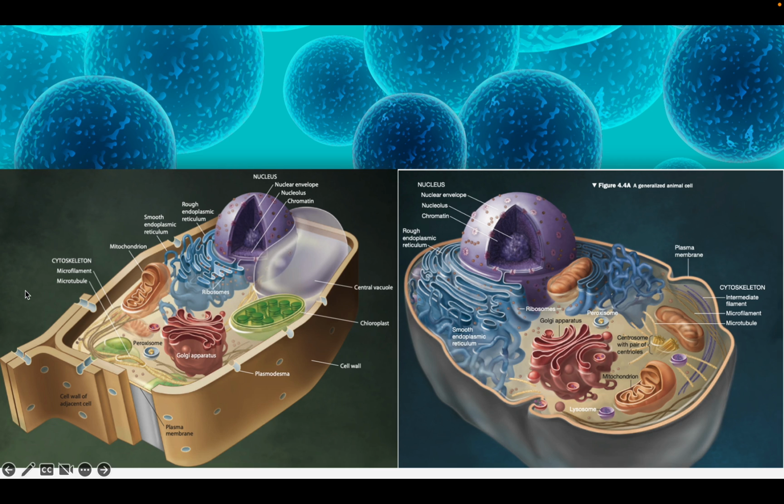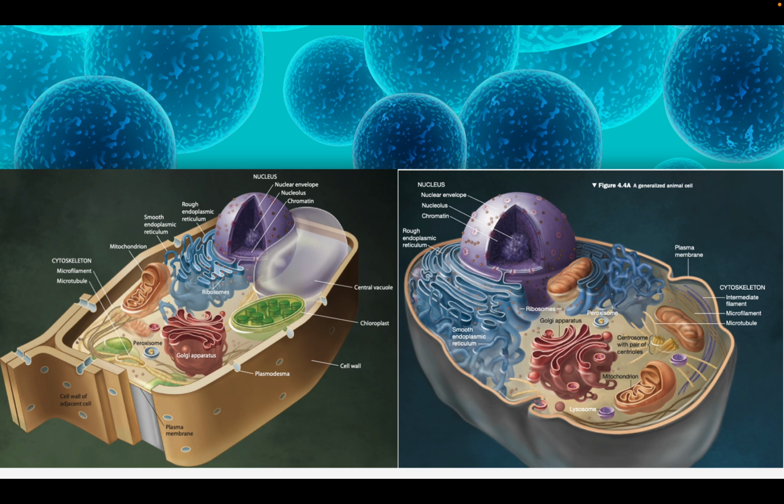This is the plant cell and this one is the animal cell. Eukaryotic cells are a type of cell that has a distinct nucleus enclosed within a membrane. And within these cells, organelles are the functional components that carry out various tasks.